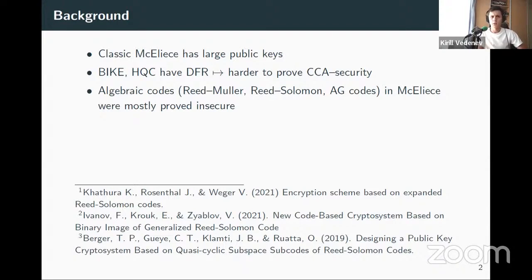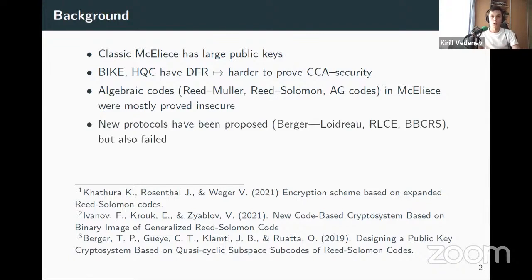But most of these variants were proved insecure. So using algebraic codes is still desirable, and in order to do this, new protocols have been proposed, for example, Berger-Loidreau, RLCE, BBCRS, but these protocols were also attacked.